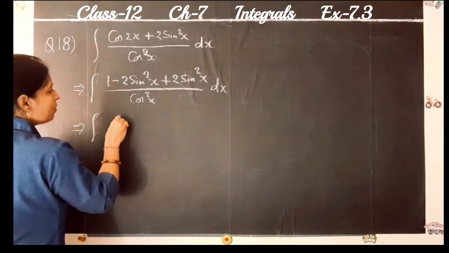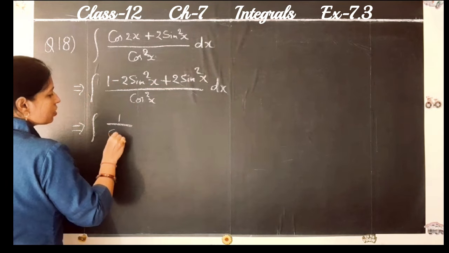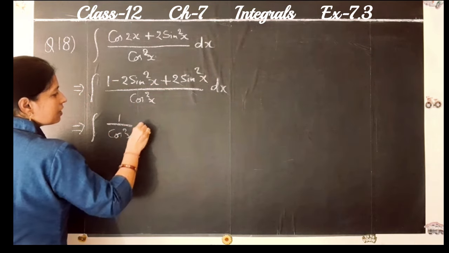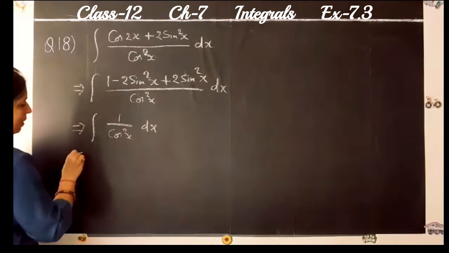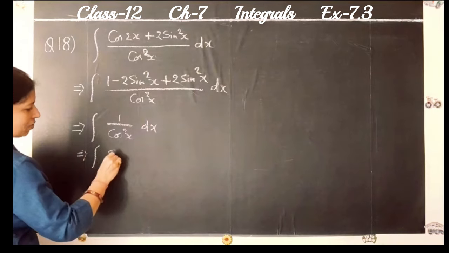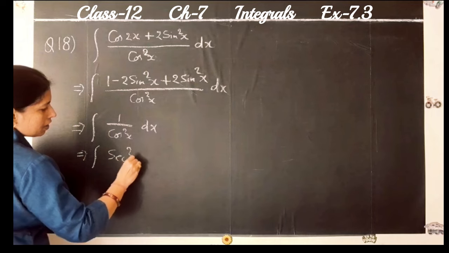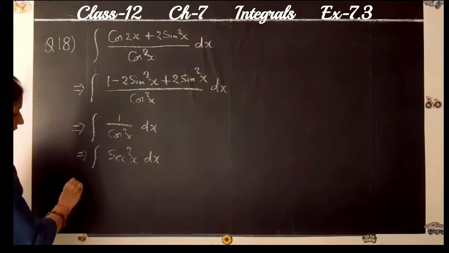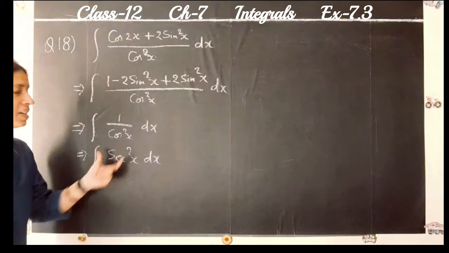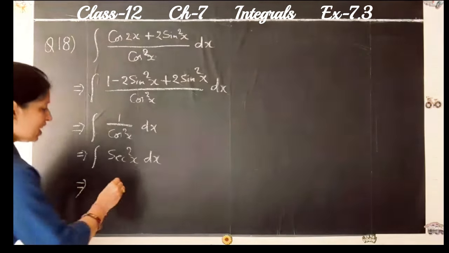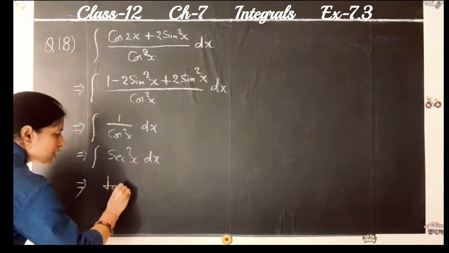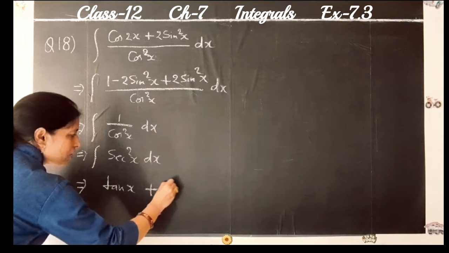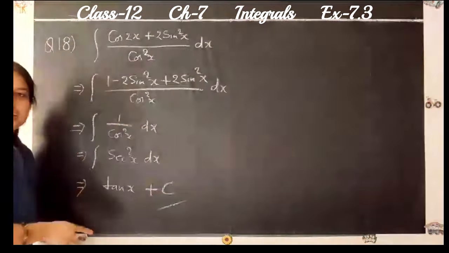So it will be 1 by cos square x, and 1 by cos square x is sec square x. And this one is in standard form, so we can integrate. And integral of sec square x is tan x. Yes, so write here tan x, and write a constant c. So this is your answer.